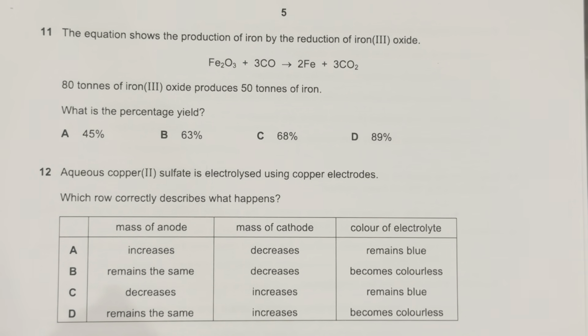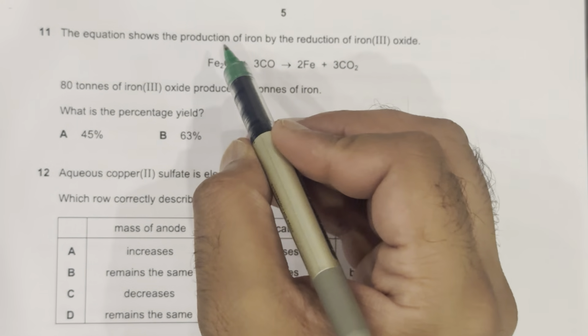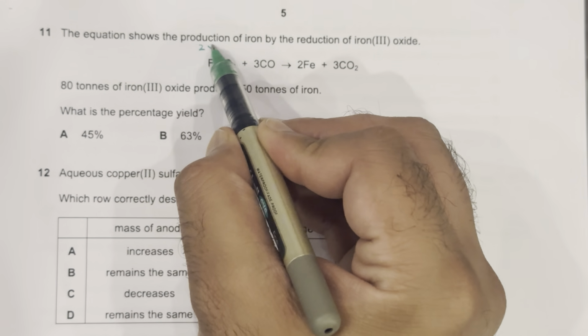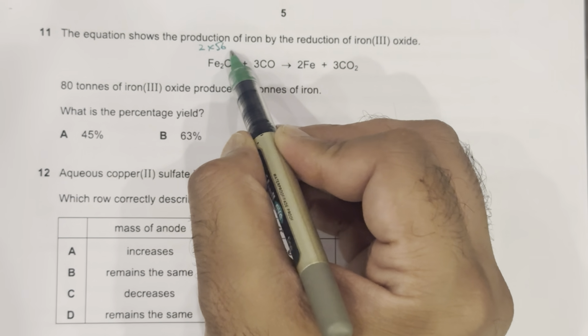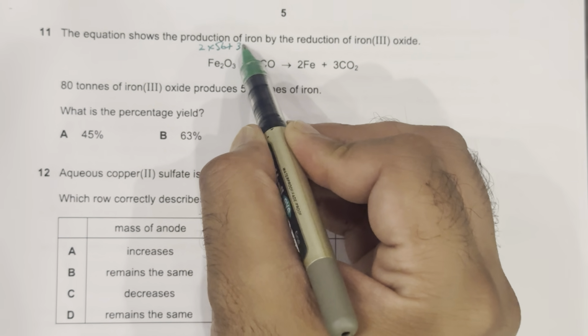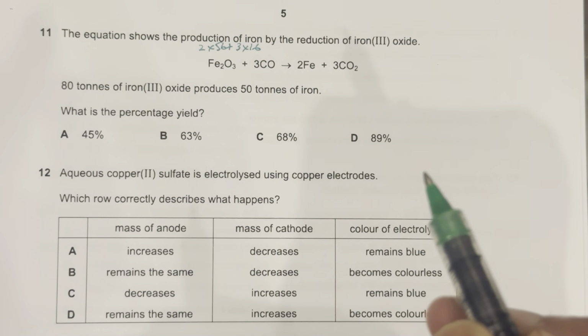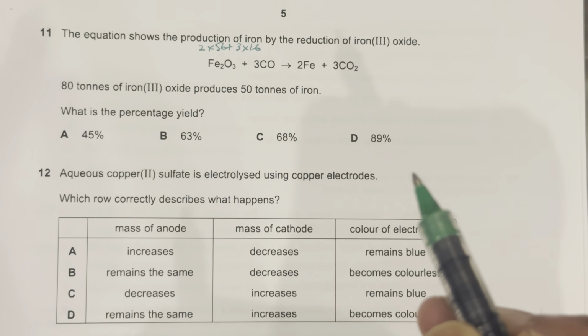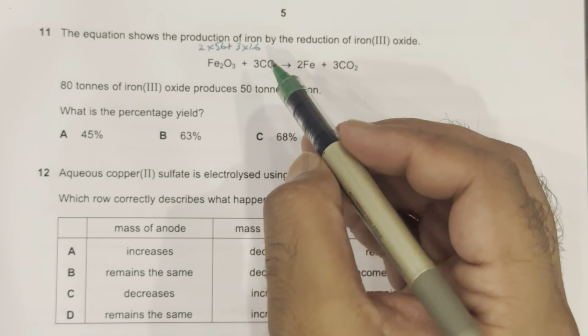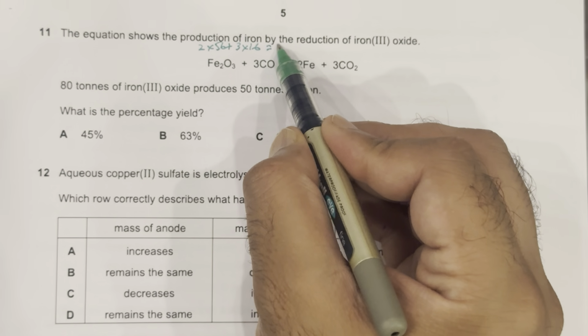Okay, first we need to calculate the molar mass. 2 into 56, iron has an atomic mass of 56, then 3 into 16 is 48, plus 112 would give you the molar mass, that is equal to 160.